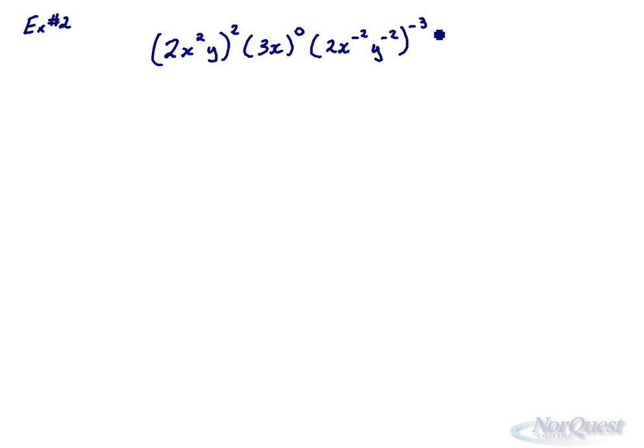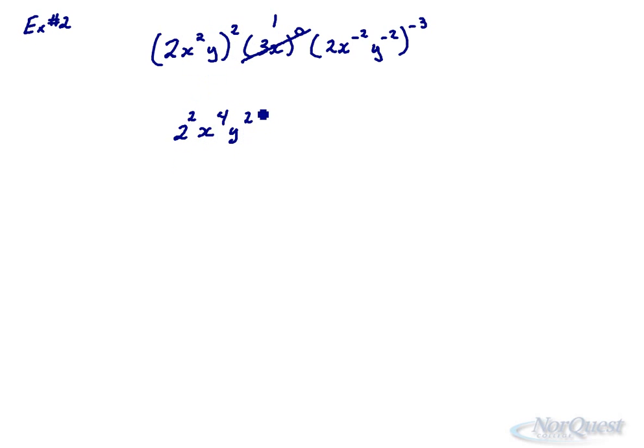We also have an exponent of 0, and that's the one I always tend to take care of first, because that really simplifies my expressions. Anything to the power of 0 is 1, so 3x to the power 0 I'm just going to replace with the number 1. Do power of a power to the first term. That's going to be 2 to the power 2, x to the power 4, y to the power 2.